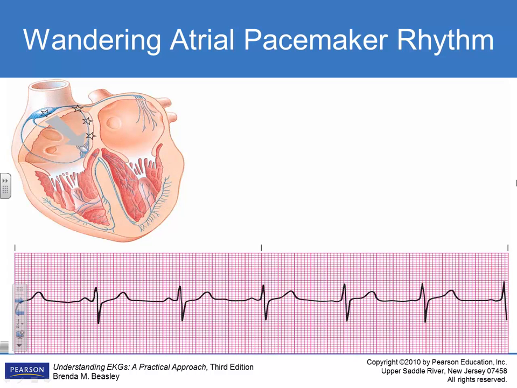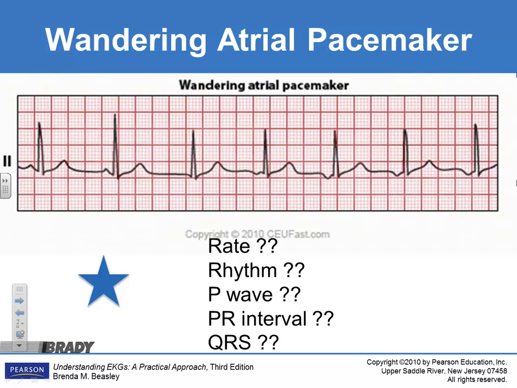But is the rhythm regular or irregular? It's regular. What's the rate? It's within normal limits. So would you call this a normal sinus rhythm? It's not really a sinus rhythm, is it? Call it WAP.